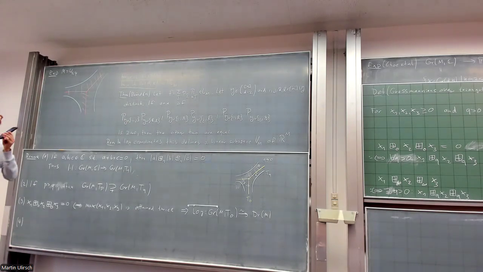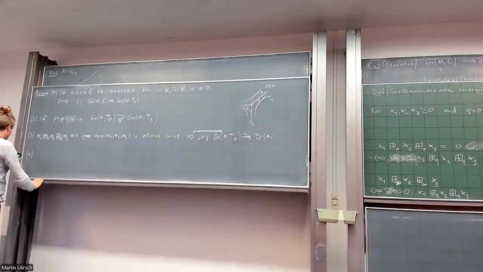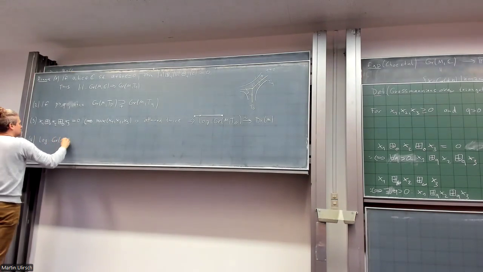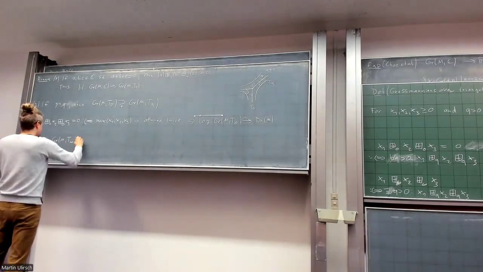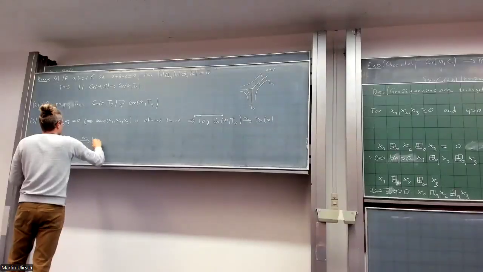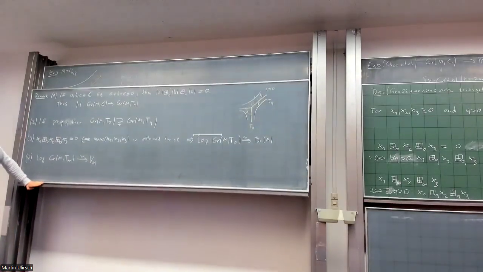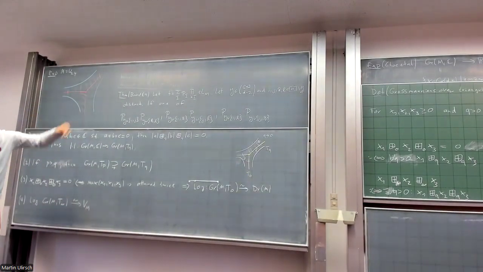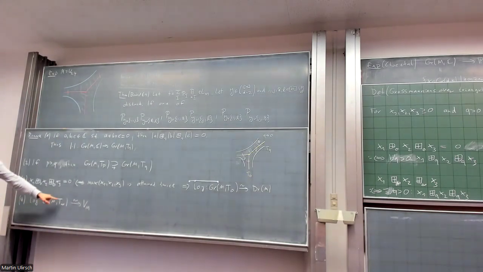If one edge length is 0, then the other two edge lengths of the triangle have to be the same. So this result by Brändén can be rephrased as: the set of Lorentzian polynomials lives inside the Grassmannian over T infinity. Or if we look at log coordinates, then this is homeomorphic to this linear subspace.